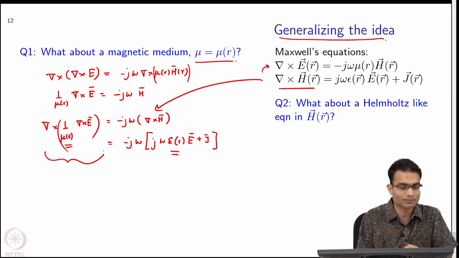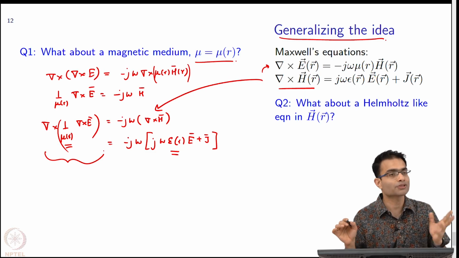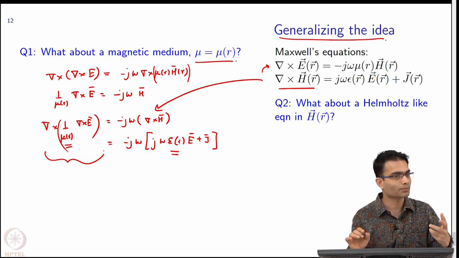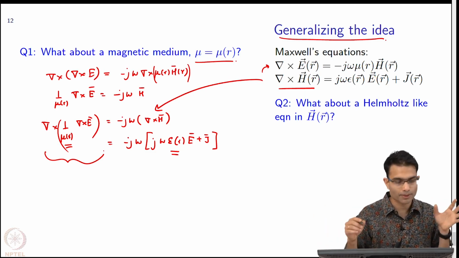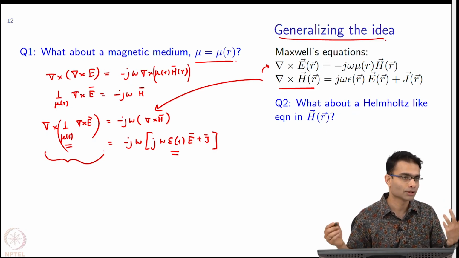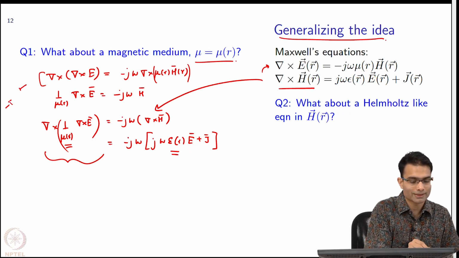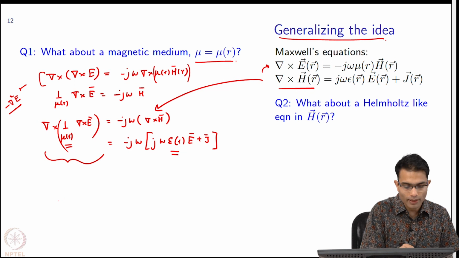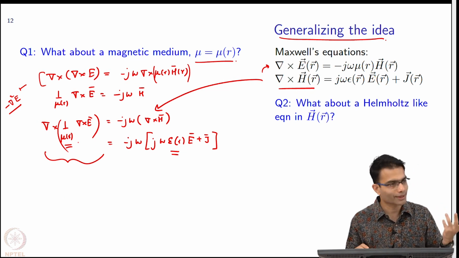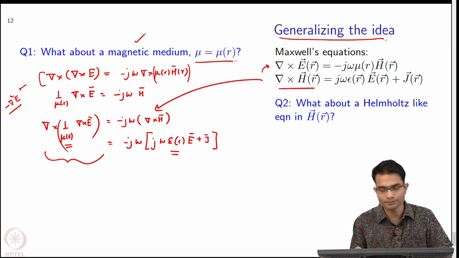It's curl of some funny looking object, and then we have to use the rules of vector calculus to open this up. So the price you pay is that the analytical formulation before I discretize and solve is a little bit more complicated, but it's nothing that we can't deal with. It's just more terms. Earlier this thing had simplified very nicely into only a minus del squared E, but now I will have many more terms. Okay, that's fine. So that's how we will deal with a magnetic medium.